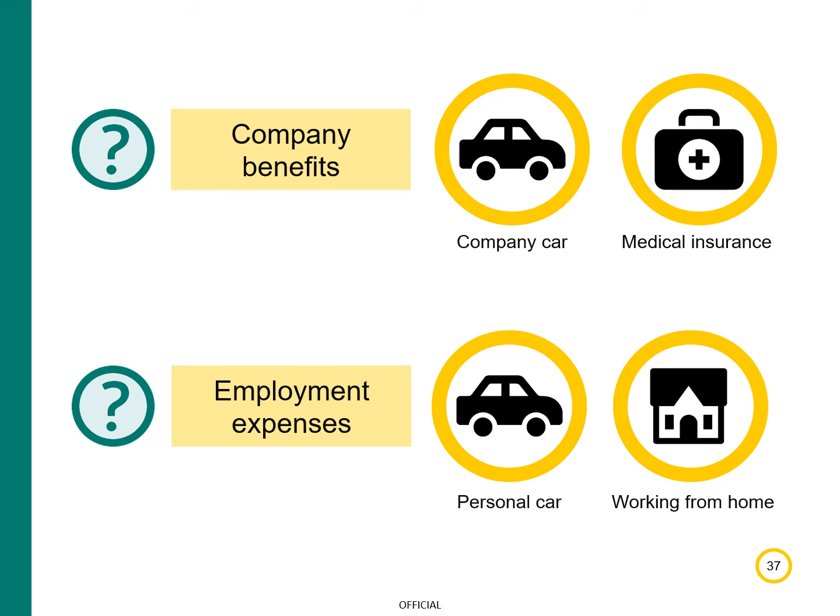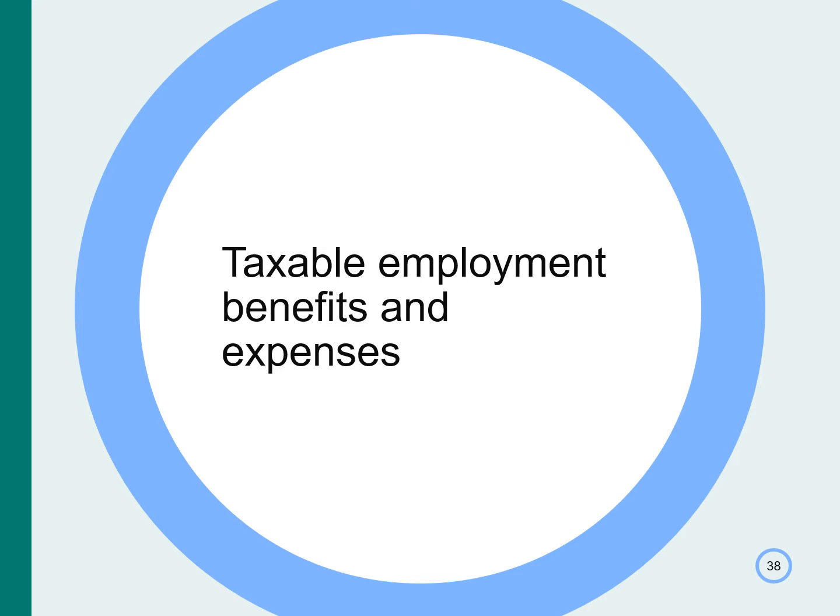Expenses you may be claiming could include the cost of using your own car for work or expenses for working from home. If you answer yes to either of these last two questions, you'll get an additional page for each question. So let's look at how you tell us about any taxable benefits and expenses on your tax return.